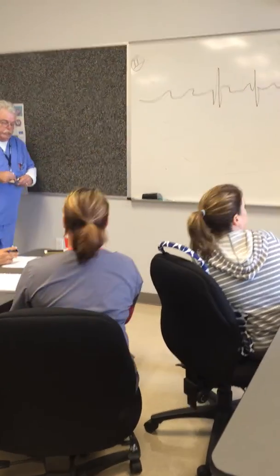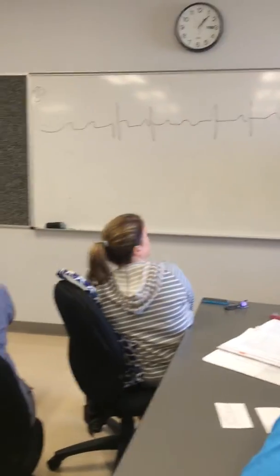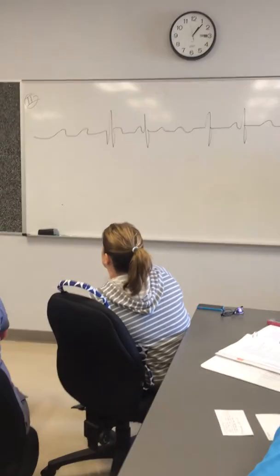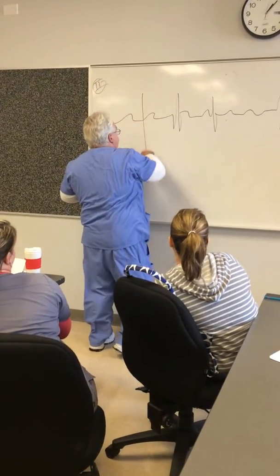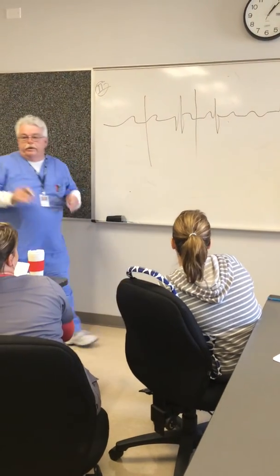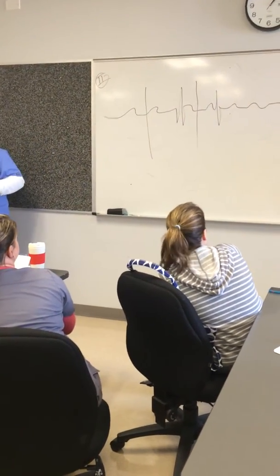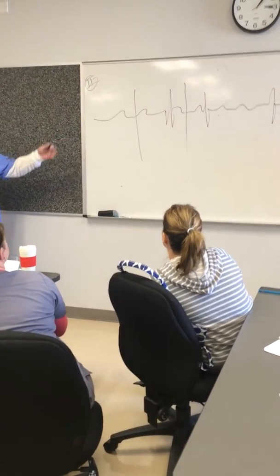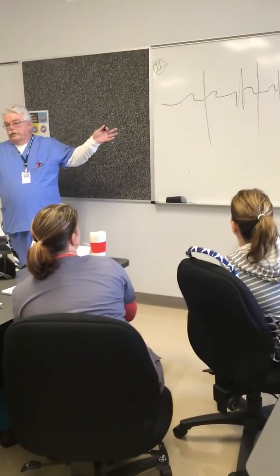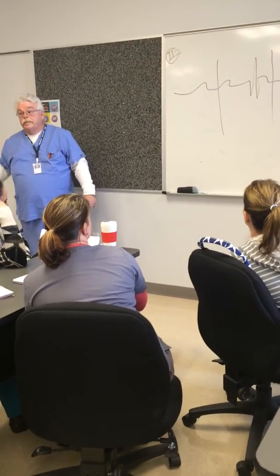First question, is it regular? Yes. What's the rate? 87. To identify this one, to identify all of them, try to isolate a PQRST complex. Everyone knows what that looks like. You got one of those, right? You got a bunch of other things going on here, a bunch of extra P waves.